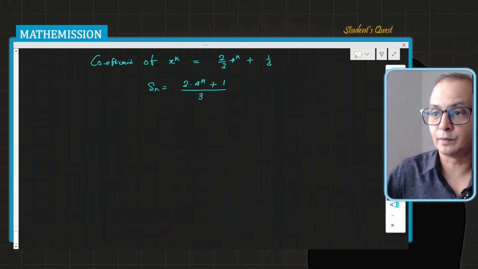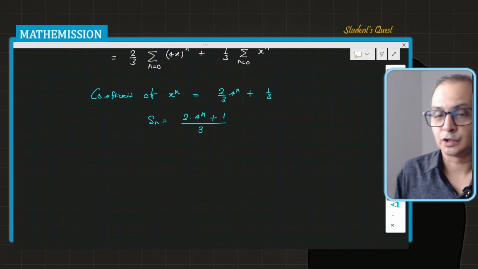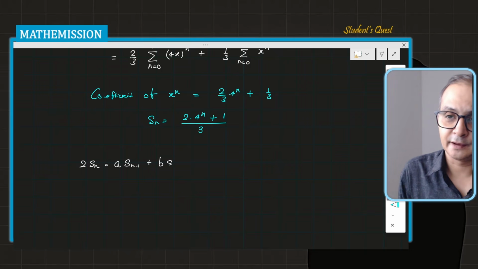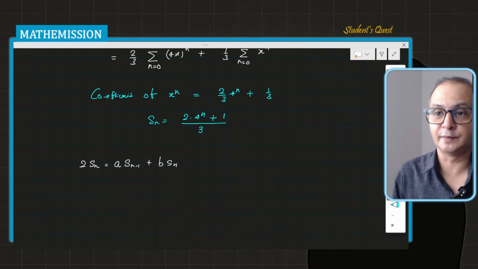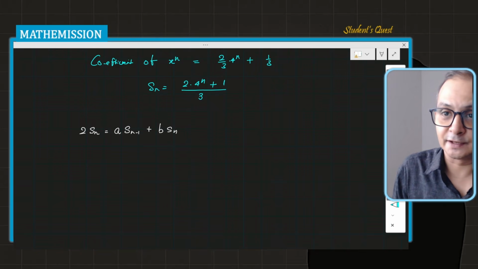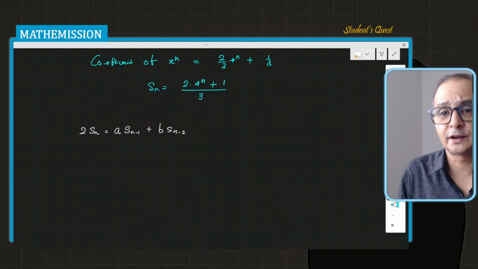Now let's go back to the question. The question they asked already: Sn is equal to a Sn minus 1 plus b Sn minus 2, and I have to find out a and b. Directly we can do it from here once we get the Sn. By the way, this is Sn minus 2. So what I write there?